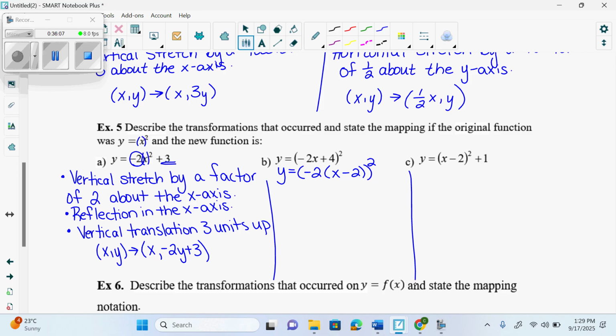Okay. So, this be the x's. We're going from equation to, where's the mapping? What's going to happen to our x's? They're going to flip and change. All right. We have a horizontal stretch by a factor of 1/2 about the y-axis.